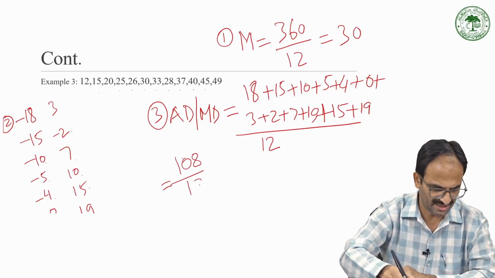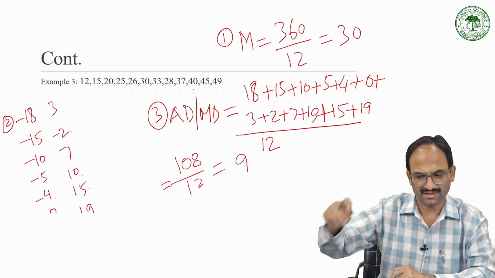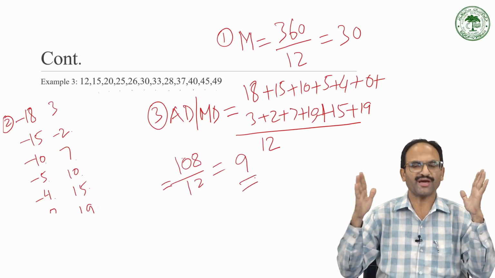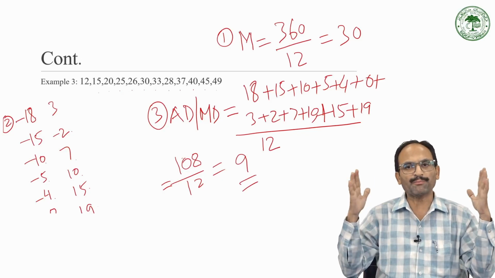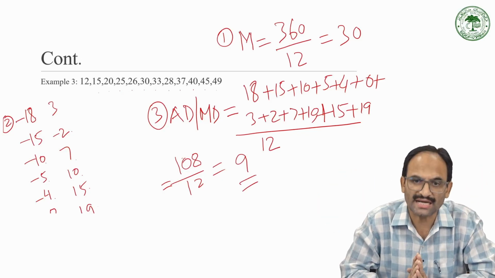So 108 divided by 12. So finally it comes out to be 9. So the value of average deviation or mean deviation has come out to be 9.